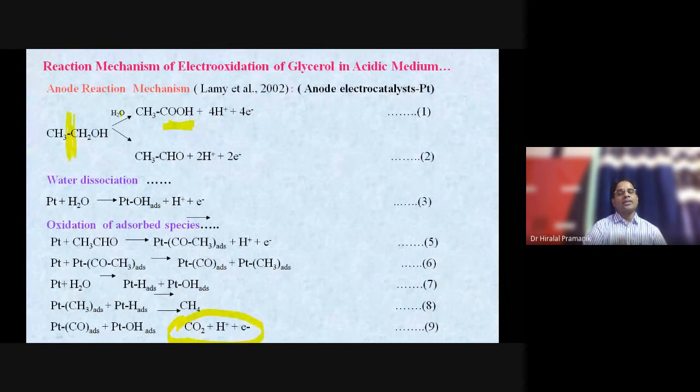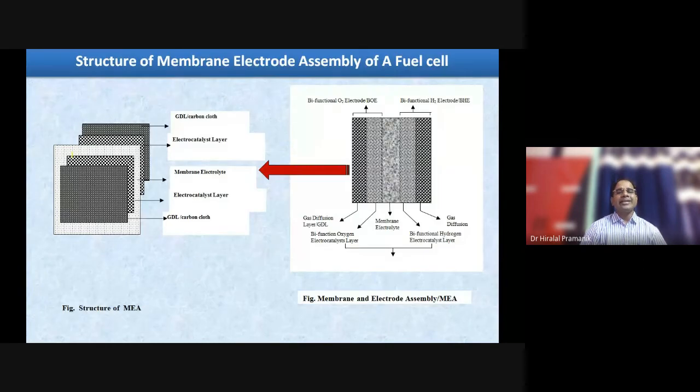A platinum-ruthenium or platinum-tin bimetallic catalyst is more active than pure platinum, and there is a well-established bifunctional mechanism for the bimetallic catalyst. The scientific explanation is there in the literature. I am not going into detail because I have only 10-15 minutes more, and I have to finish quickly.